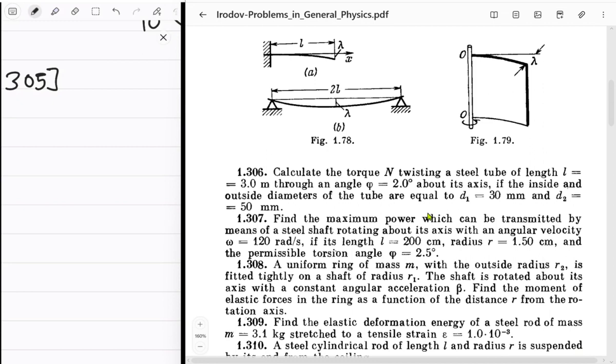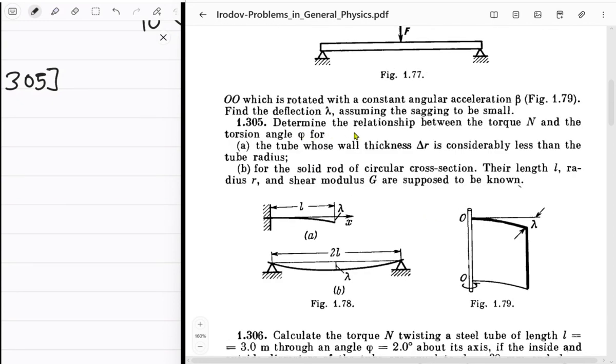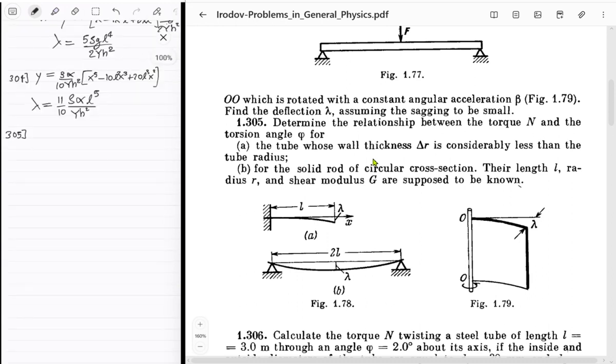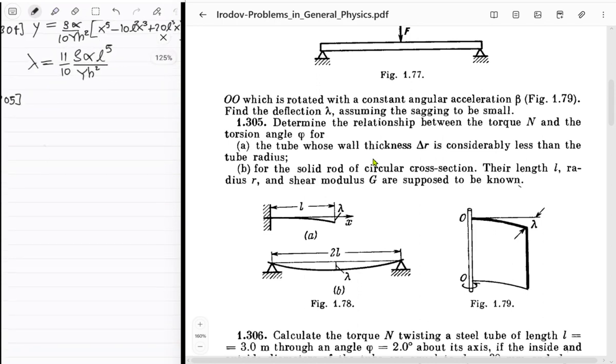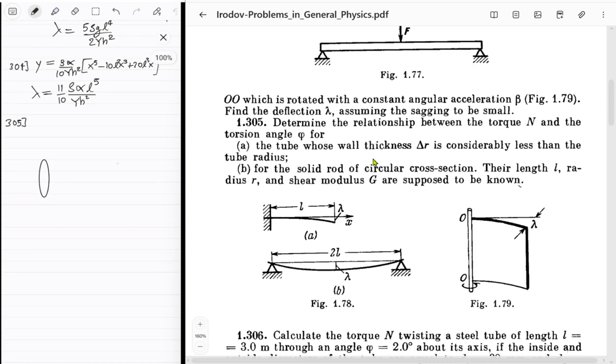But let's try doing 305. So you want to determine the relationship between torque and the torsion angle for a tube whose wall thickness is delta R and it's considerably less than the tube radius. So when you stretch it, what exactly is happening? You could think of each... So think about it, you got this tube.